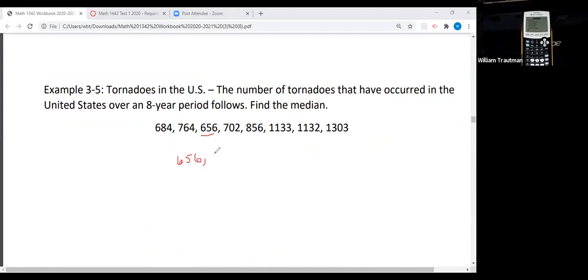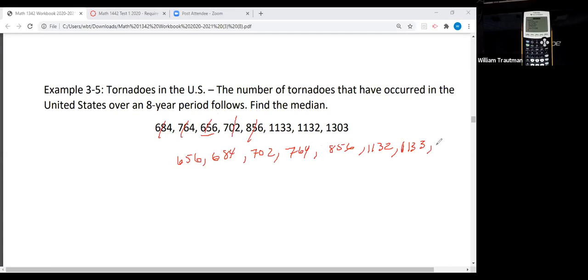656, 684, 702, 764, 856, 1132, 1133. That's supposed to be 1133.